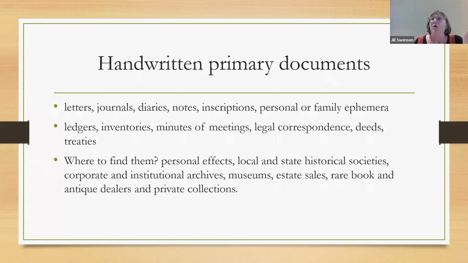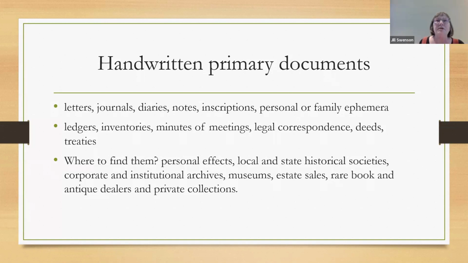And they can be all different kinds of things, not just diaries, right? But letters, journals, inventories, notes, inscriptions in things, right? Remember when Mom used to write your name in your clothes, right? That's handwritten. That too, you have to decipher. Or along the kitchen door where the initials of children and how tall they were at certain ages, right?